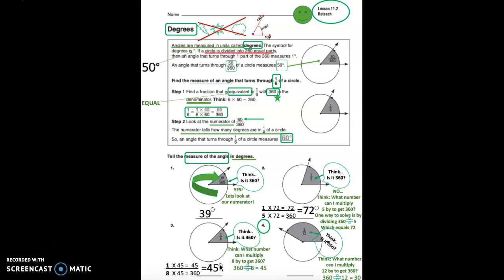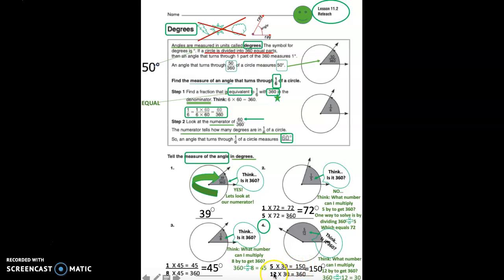I'm going to do the same process. Take my 5/12 and multiply both the numerator and denominator by 30. Now be careful, we have a 5 in our numerator, so I'm going to multiply 5 times 30 equals 150. I know 5 times 3 is 15, and I bring over my 0.